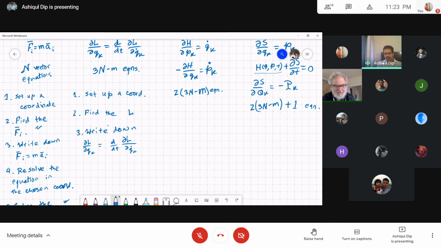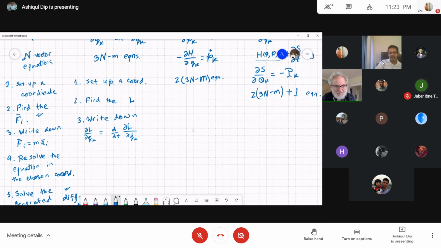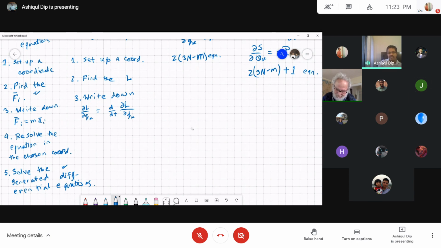At this step, whenever you write delta L by delta Qk dot, it's already resolved in the specific coordinate. So that's actually another advantage of Lagrangian mechanical systems, it's automatically resolved. Then step 4 is solve the differential equation.